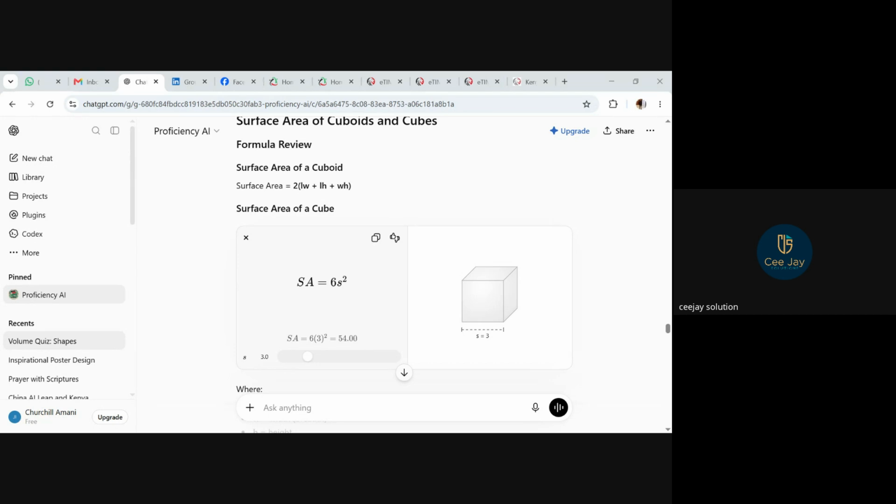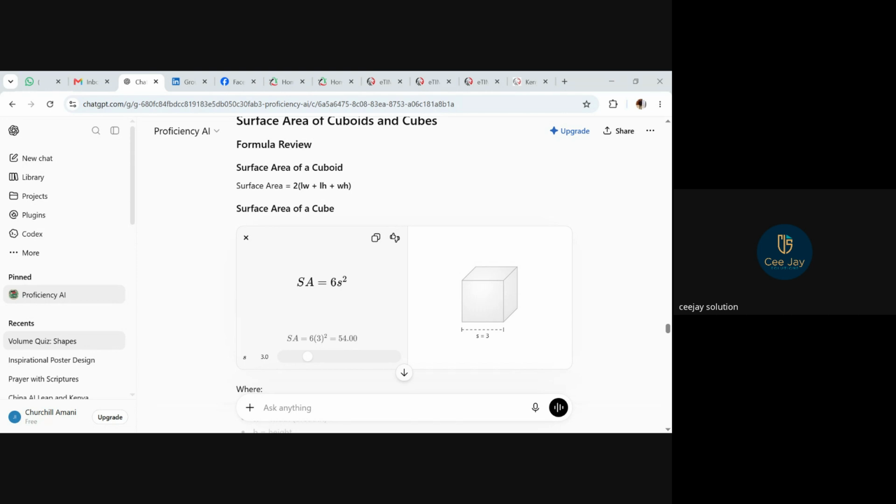Or maybe you can use another formula of 2 into bracket length times length plus length times height plus length times height.